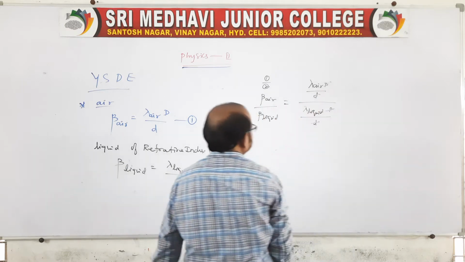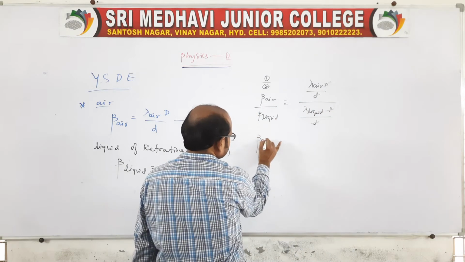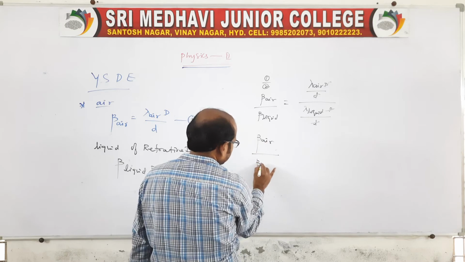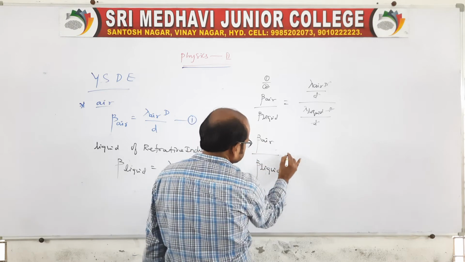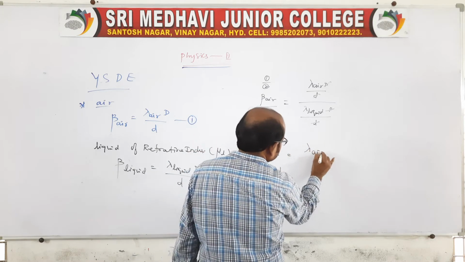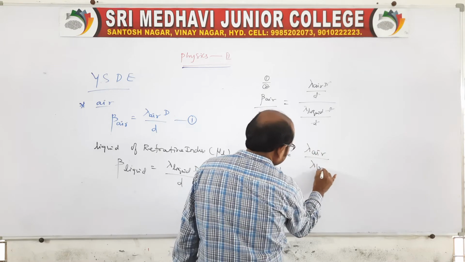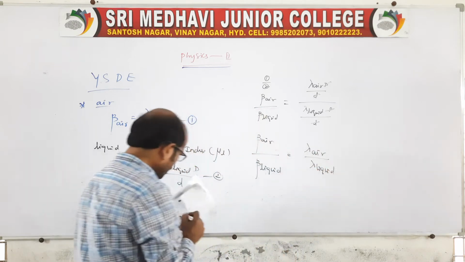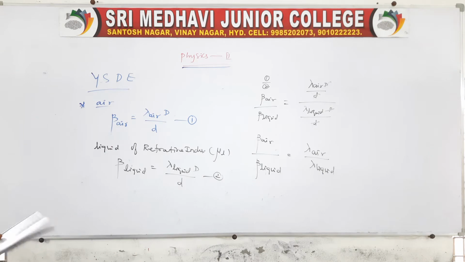Capital D by small d cancels. So the fringe width in air by the fringe width in liquid is equal to lambda air by lambda liquid. Now lambda air by lambda liquid we can also take in terms of refractive index.